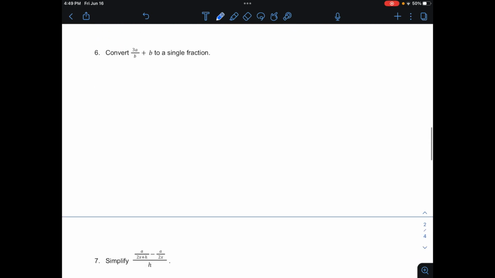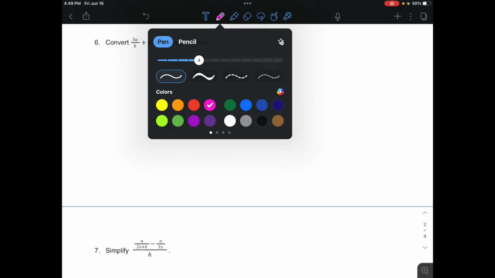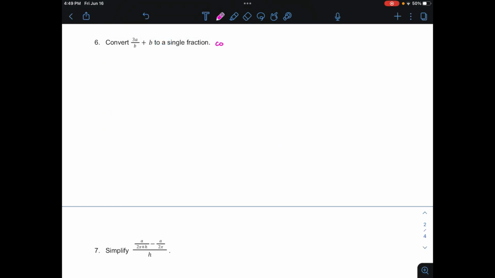Convert 3a over b, plus b, to a single fraction. So converting to a single fraction is as simple as needing a common denominator. And we usually use a form of 1 to accomplish this.